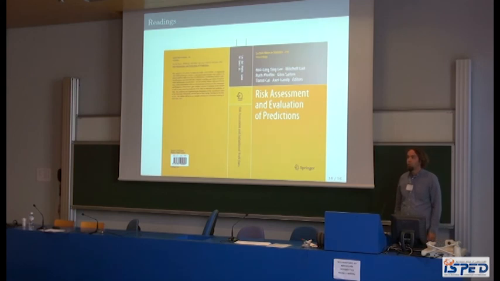It's not my book. We've written a paper with Paul and Viviane about time-dependent AUC, so I think it might also be of interest. We don't have any money involved here, so I think I'm done.